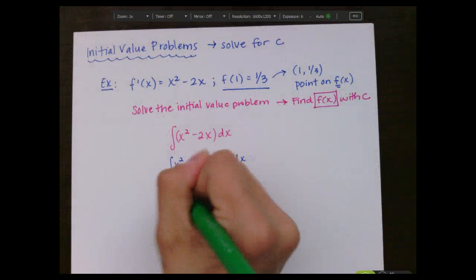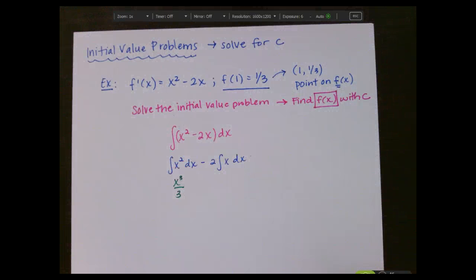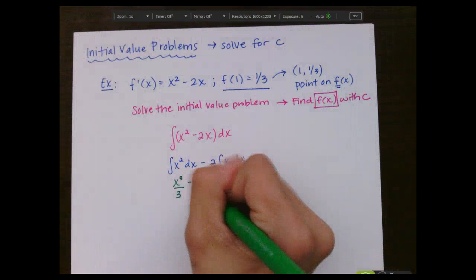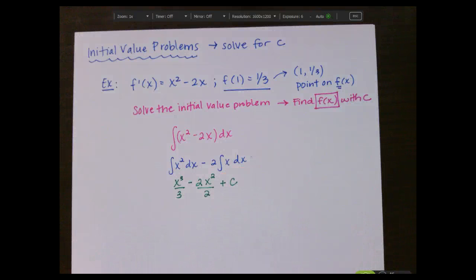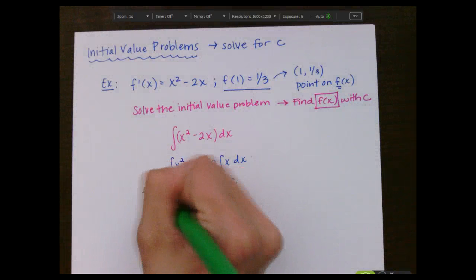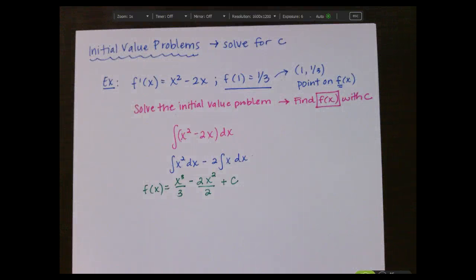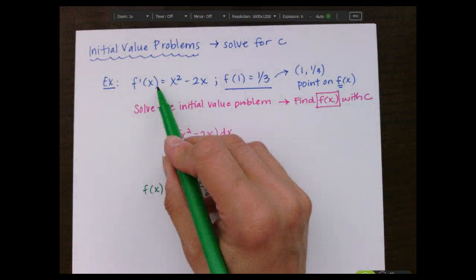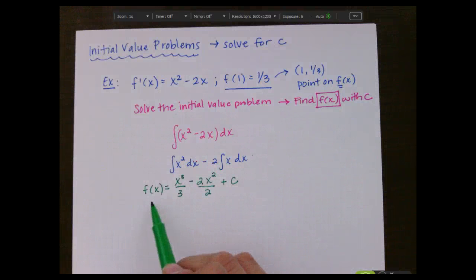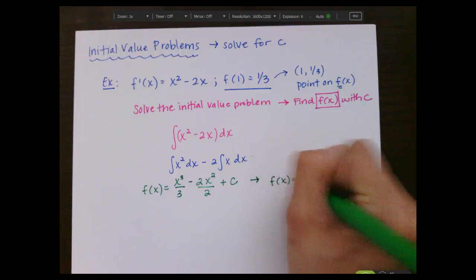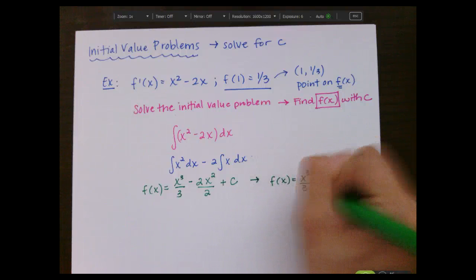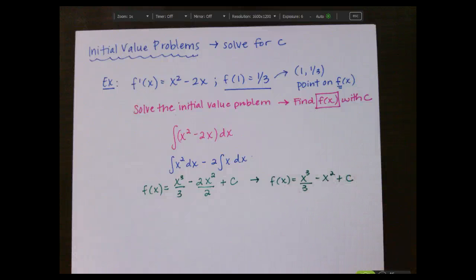So here I would get x cubed over 3 minus 2 times x squared over 2 plus some constant c. And all of this is telling us what our f function is. Again, we knew what f prime was. We use the antiderivative to get back to f. Simplify that just a bit by canceling out those 2's.